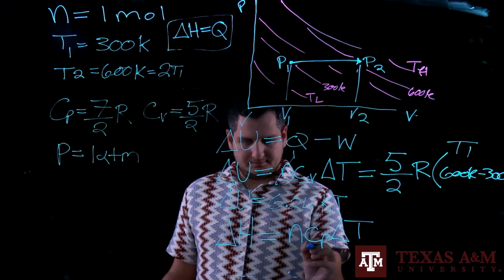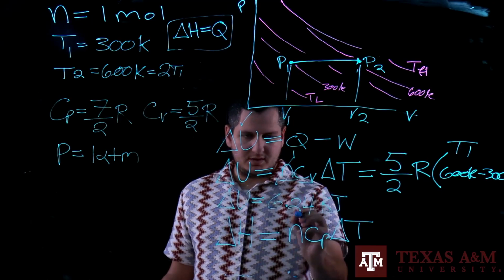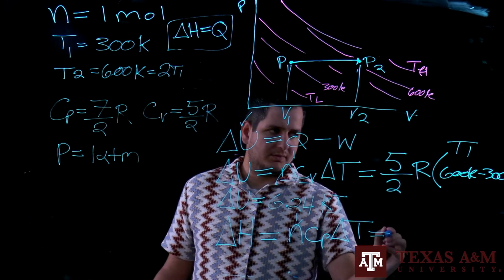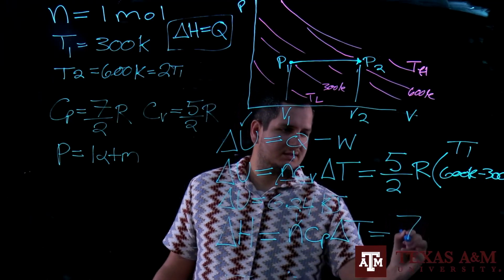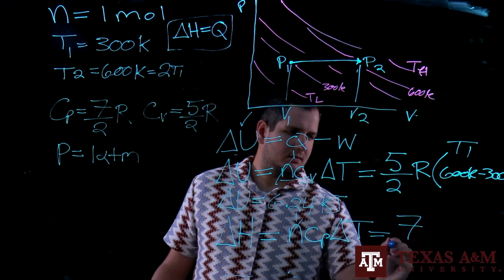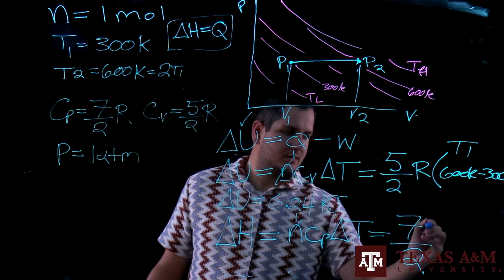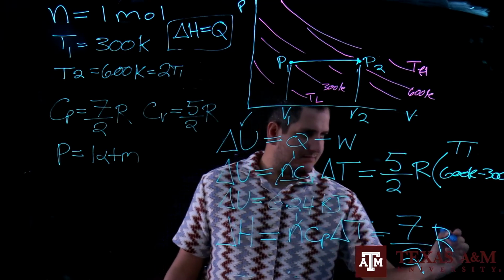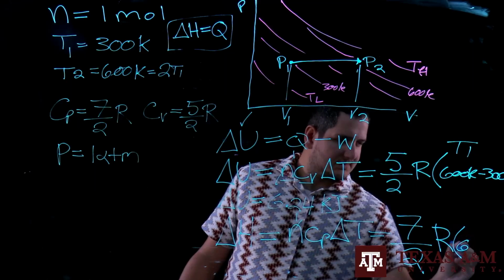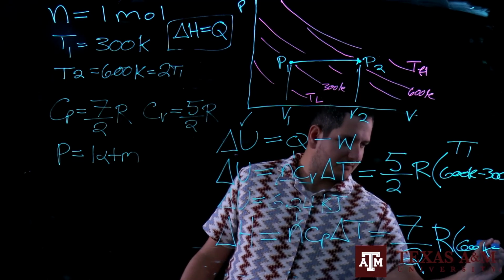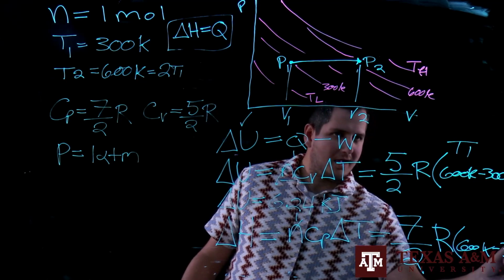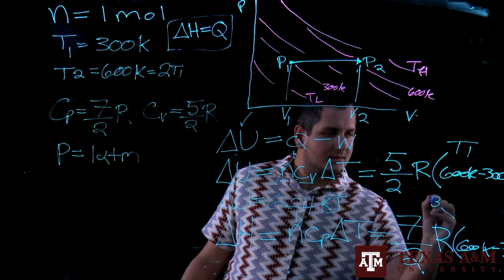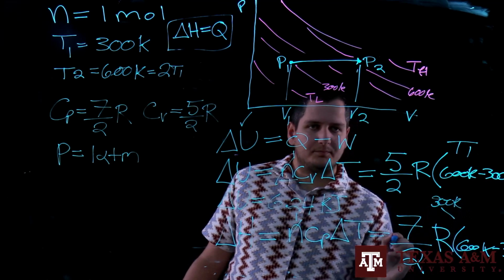Okay. So what we can do is we know moles is equal to 1. We have this, which is 7/2R times 600K minus 300. Oop, a little off the screen. This is 300K difference, okay?